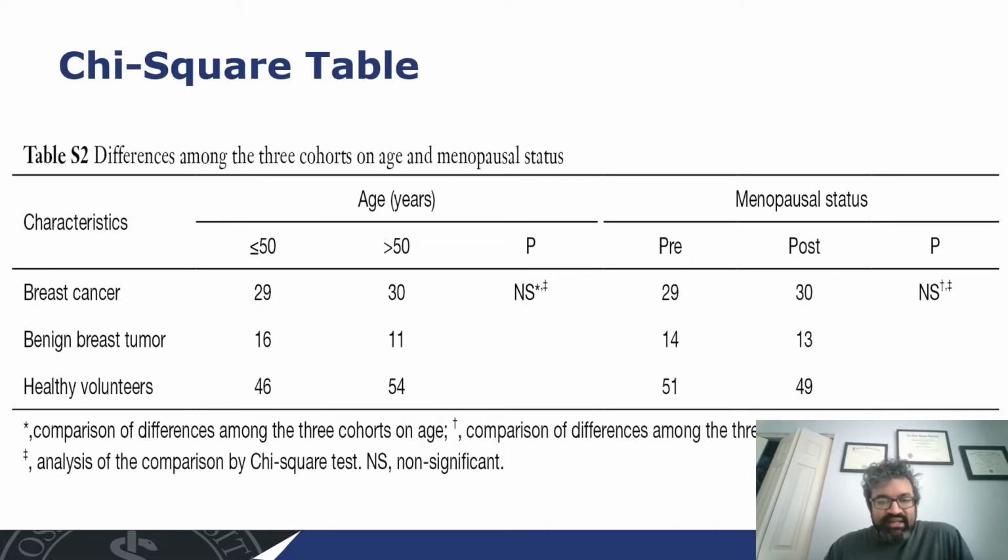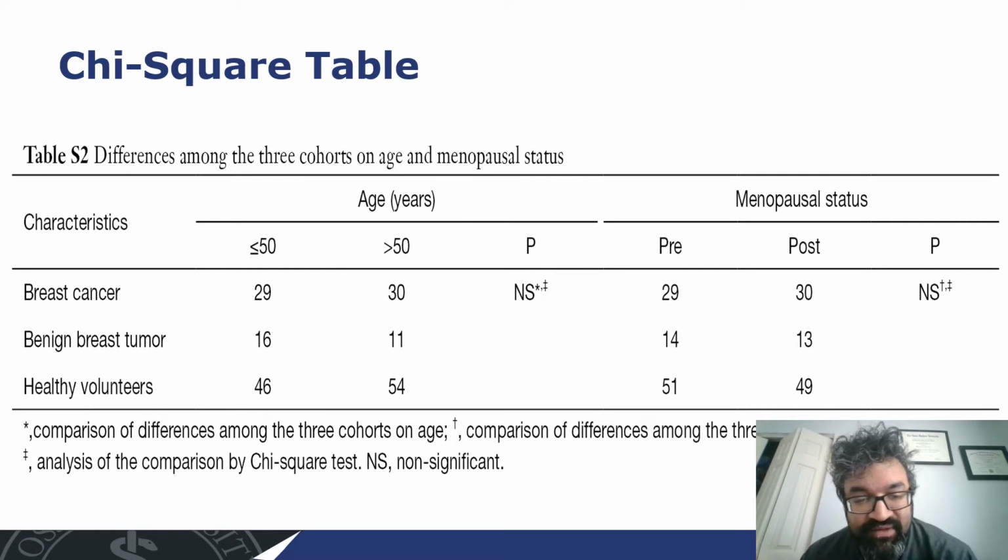So this is looking at 3 cohorts and the differences on age and menopause status. So NS means not significant. So when they looked at less than or equal to 50 and greater than or equal to 50, there was no significant differences among the 3 cohorts.